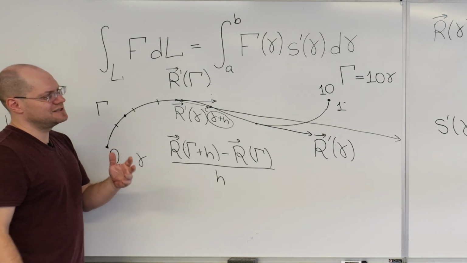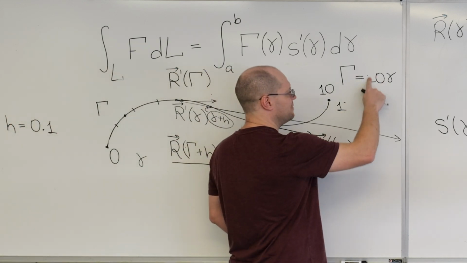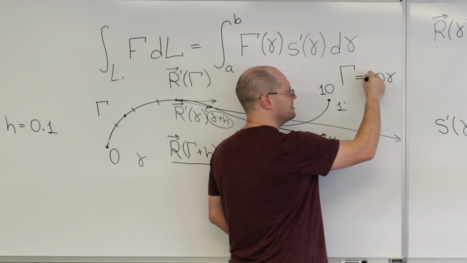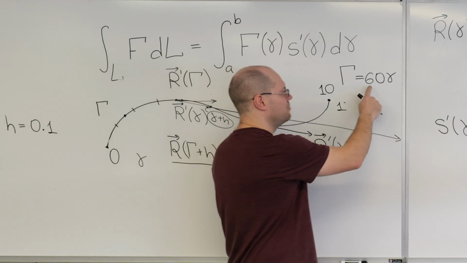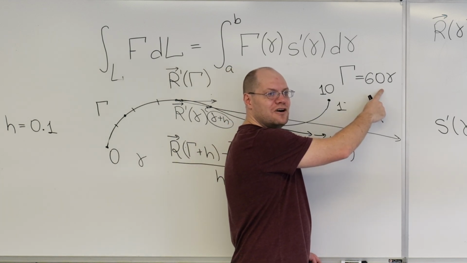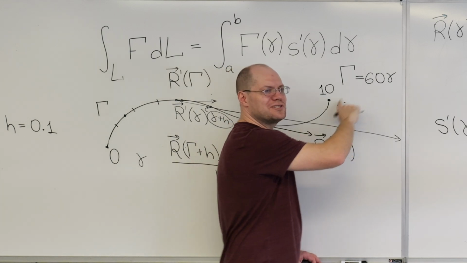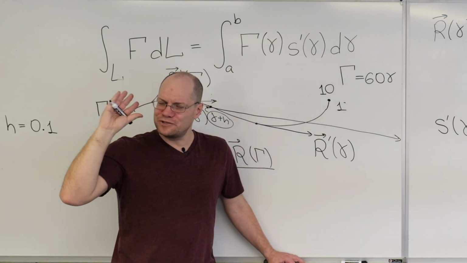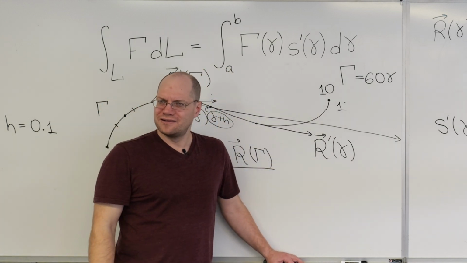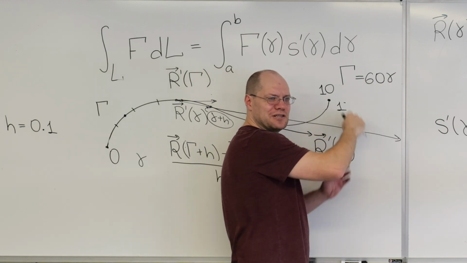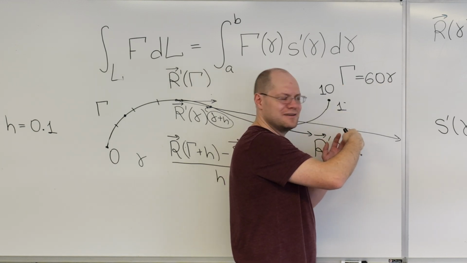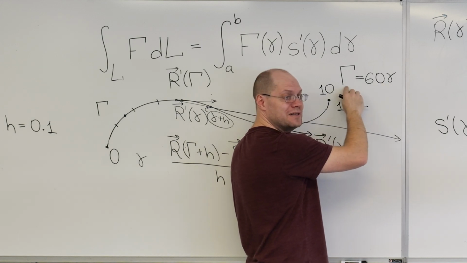Another intuitive reason is that doing this, for example, if I made it not 10 but 60, then it's like switching from minutes to hours. Or maybe it's switching from minutes to seconds. Again, it's very hard for me to know which way it goes. If gamma is minutes, then capital gamma is seconds, because there would be more seconds for every minute. Okay, so it's going from minutes to seconds.